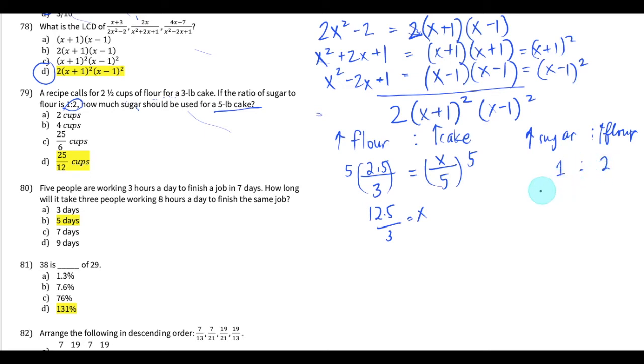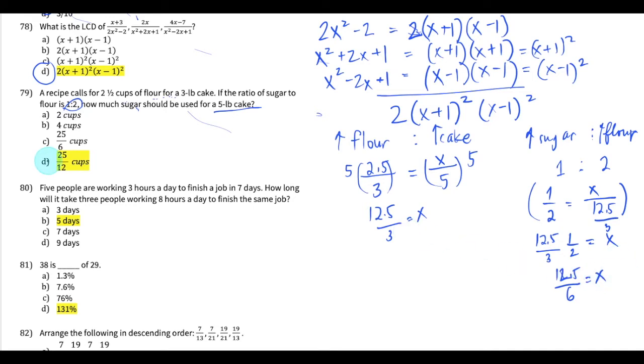Ano ibig sabihin ng nun? 1/2, okay? For every 2 cups of flour, meron tayong 1 cup of sugar. So, that's equal to x, kasi hindi natin alam kung ilan, 12.5 over 3. Solving for x, 12.5 over 3 times 1/2, kasi multiply both sides by 12.5 over 3, is equal to x. 12.5 over 6 is equal to x.